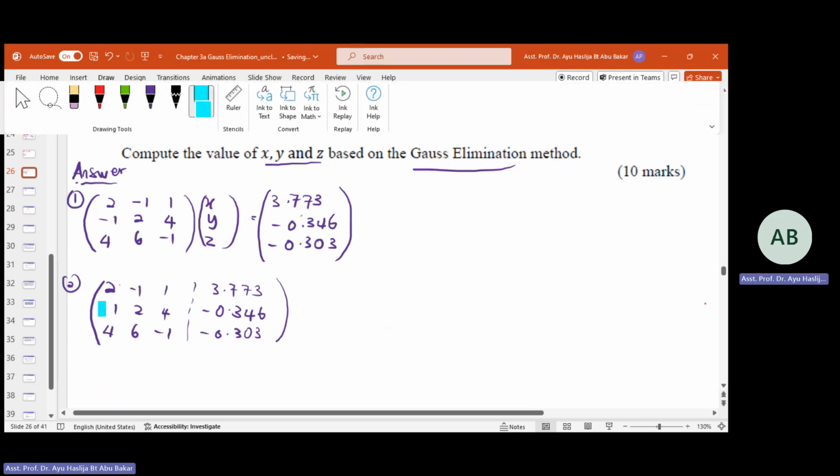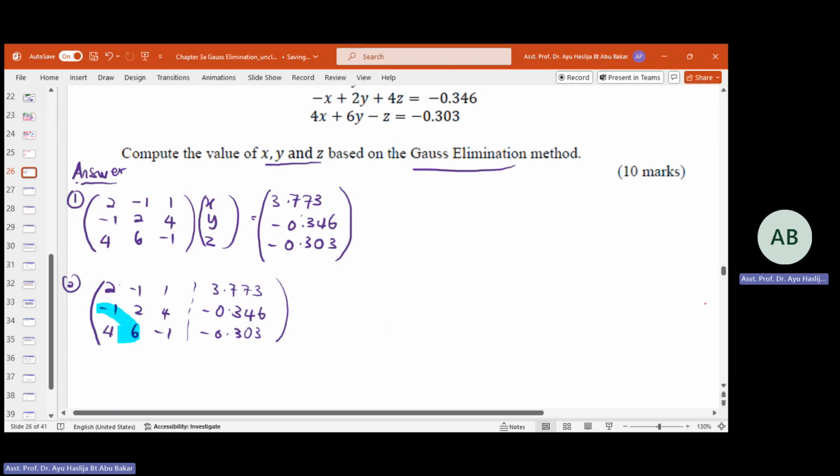In Gauss, you need to zero the bottom triangle, zero this part. Find the factor that can zero those triangle. Try to proceed.